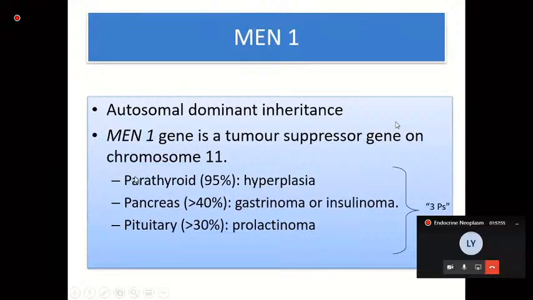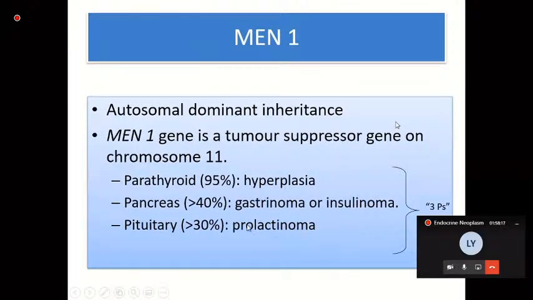3Ps means parathyroid, pancreas, pituitary. So just remember multiple endocrine neoplasia 1 has 3Ps. Parathyroid will have hyperplasia. In the pancreas, we have gastrinoma or insulinoma.